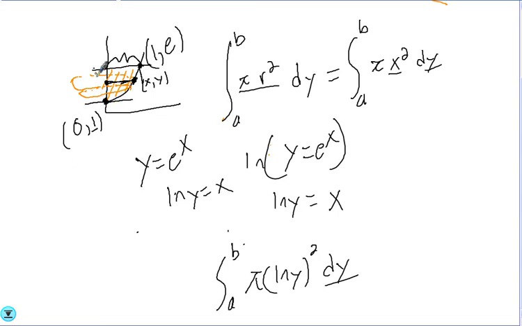So we're looking for this point and this point on our y-axis. We already have this point labeled, it's 0, 1, so where we start in y is at 1, and where we end in y is this e value. So those are our a and our b. So we can come back down here and say a is 1 and b is e.